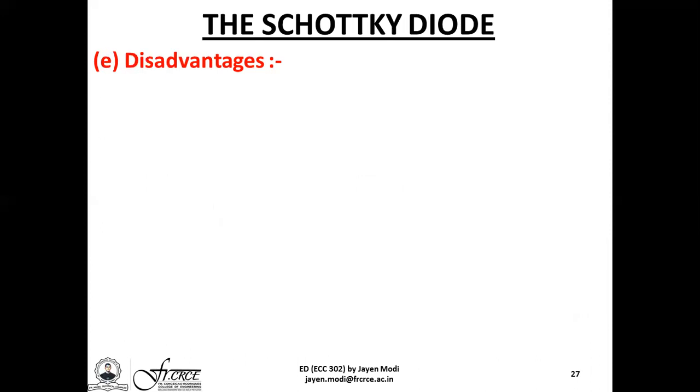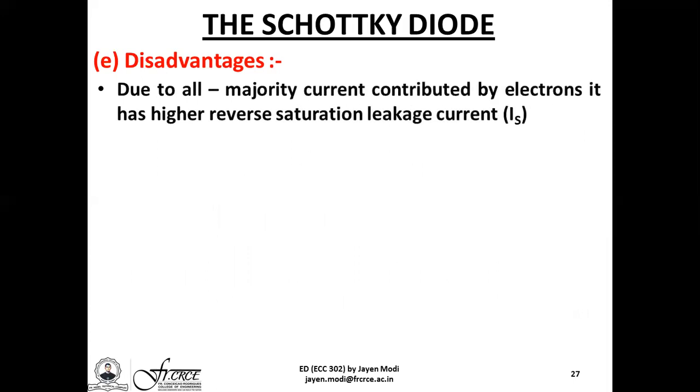However, Schottky diodes also come with their own package of drawbacks. The first one being that due to only electrons, which are the majority carriers, they tend to have a higher reverse saturation leakage current IS compared to ordinary PN junction diodes.